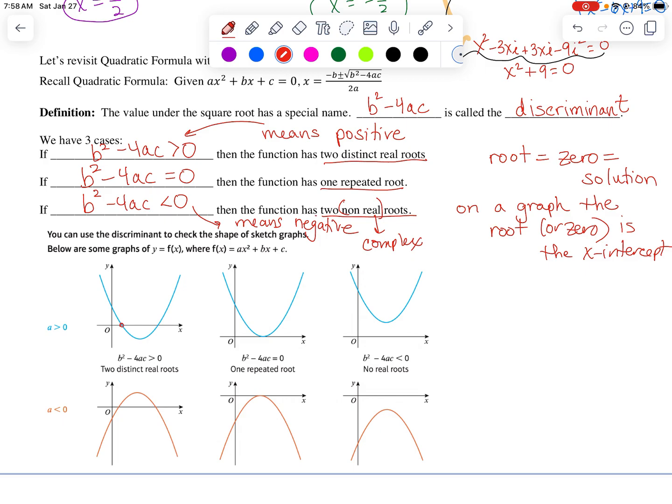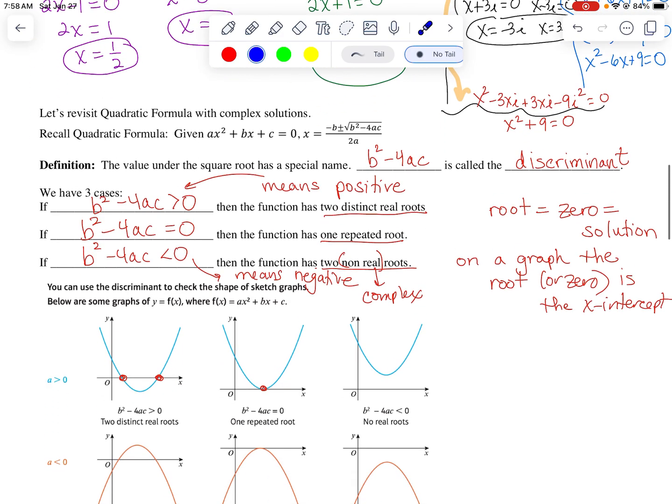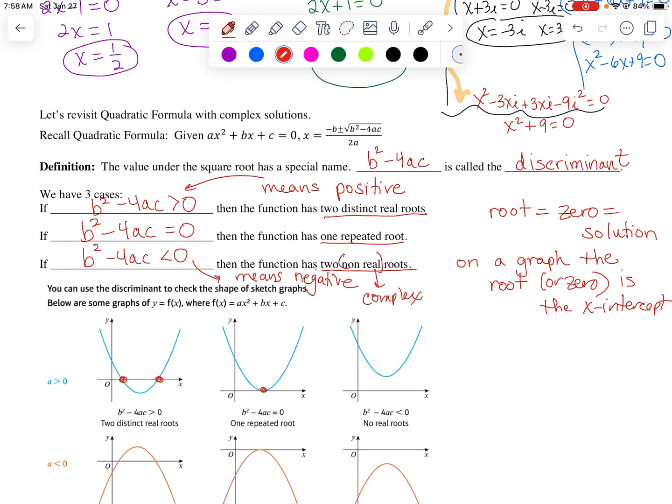That means the parabola is going to cross the x-axis twice and have two x-intercepts. Here's what's cool, and I'd like to go back up to part B up here. Do you remember when I said, hey, this is kind of interesting that you have two repeated roots? What that means graphically is the graph is bouncing off or touching just one time.